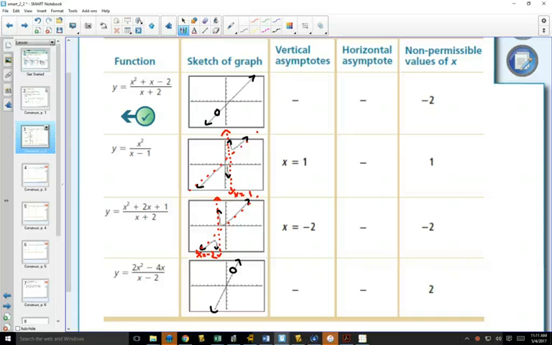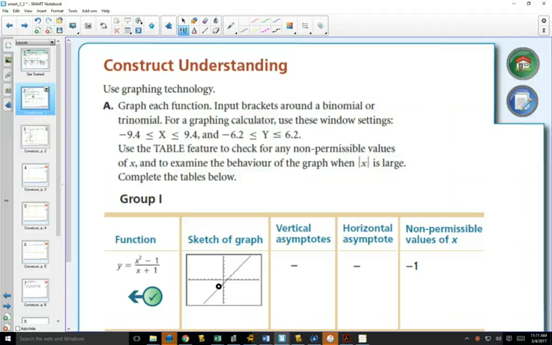Notice that each of these equations has the following pattern. It has an x squared, so above the group 1, I want you to write that it has a degree of 2 on the top and a degree of 1 on the bottom. So this is our pattern that we notice, that each of these functions is like an x squared over x, a parabola divided by a line.